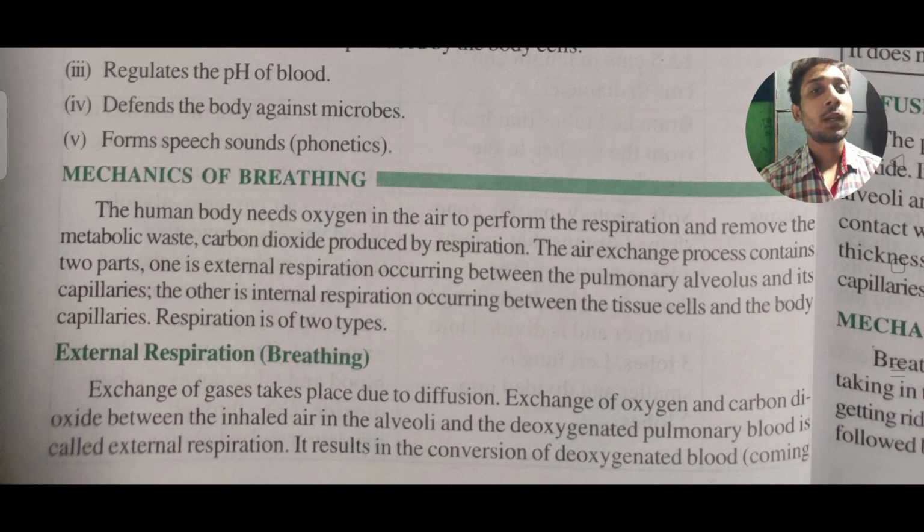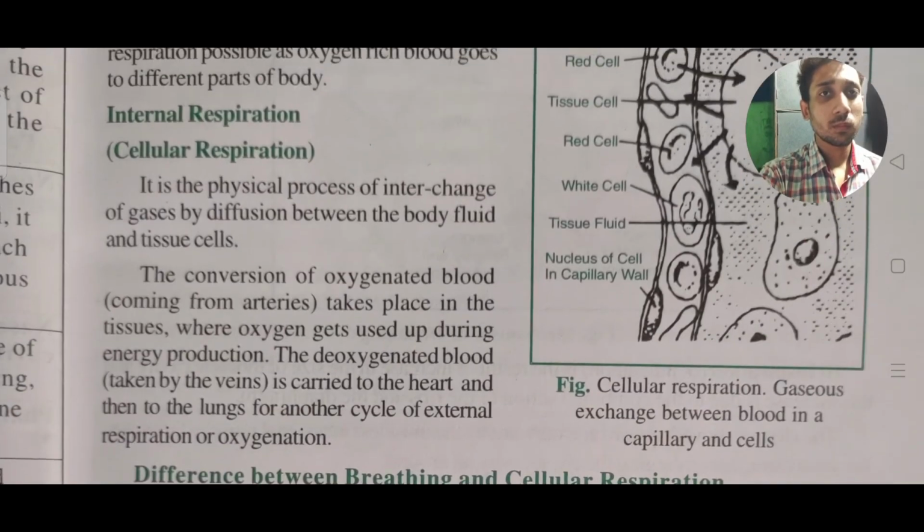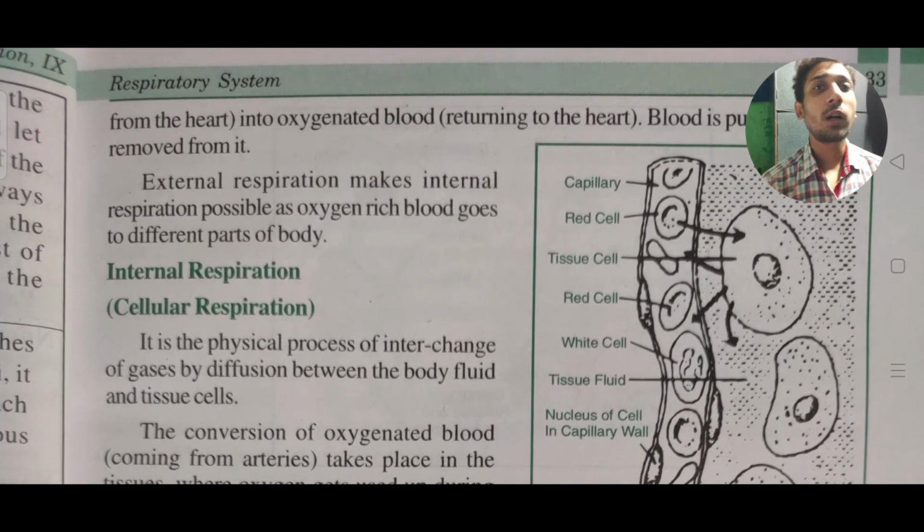All of these things result in the conversion of deoxygenated blood coming from the heart into oxygenated blood returning to the heart. This is the whole procedure: when we take oxygen inside our body, it is mixed with the blood, and that is called oxygenated blood.